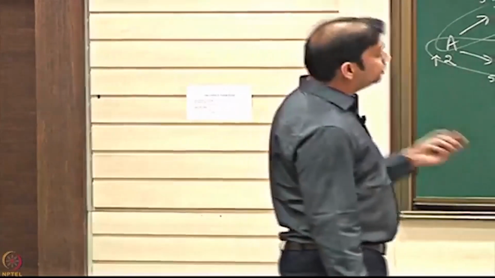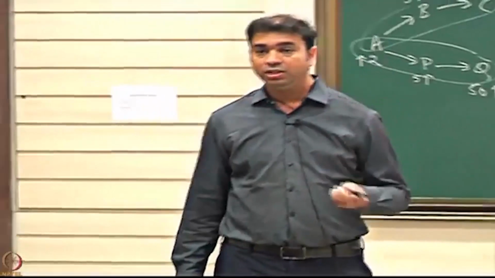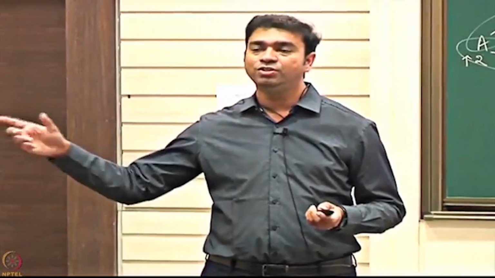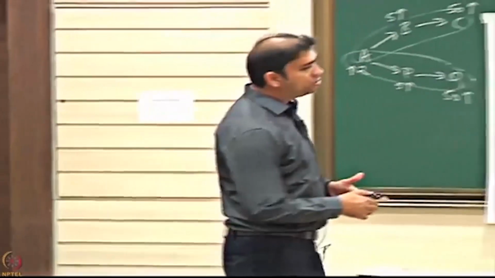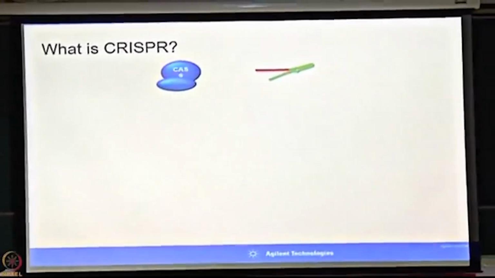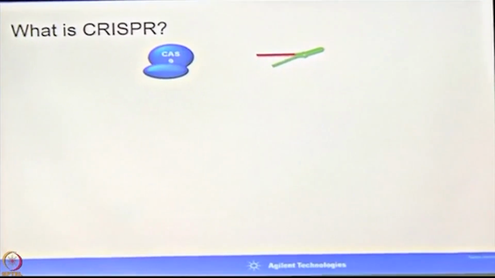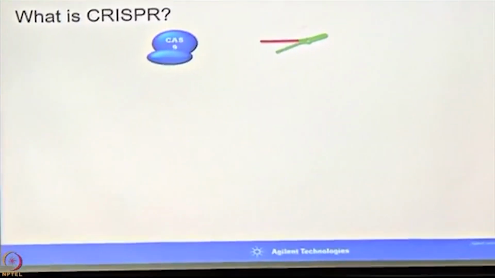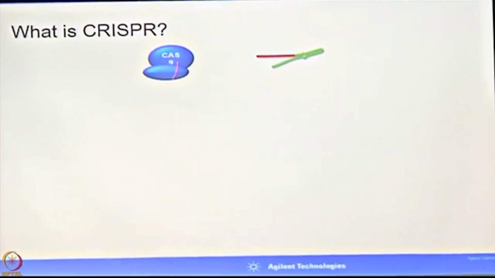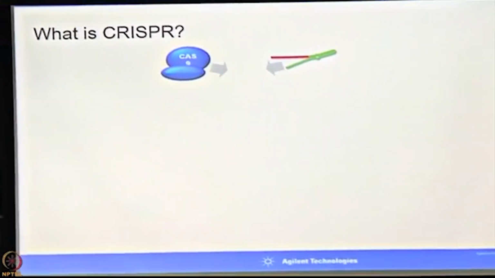Let's start with that. What is CRISPR-Cas? This allows you to correct the mutation, or do gene editing. So it is based on the guide RNA, right? So this is the guide RNA, this is the site of recognition, and this is the Cas9 enzyme.